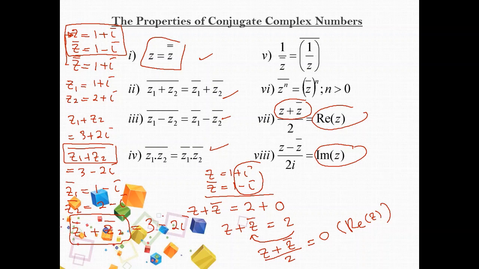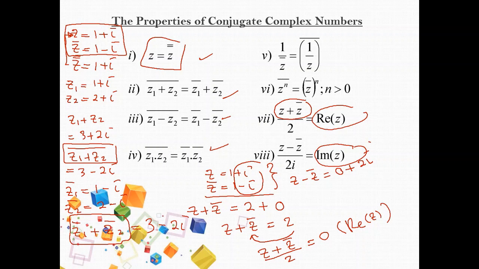While for subtraction, this will give us z minus z bar. 1 minus 1 is 0, so we have 0 for the real part. While for this one, i minus minus i will give you 2i. So this leaves us with the imaginary part only.